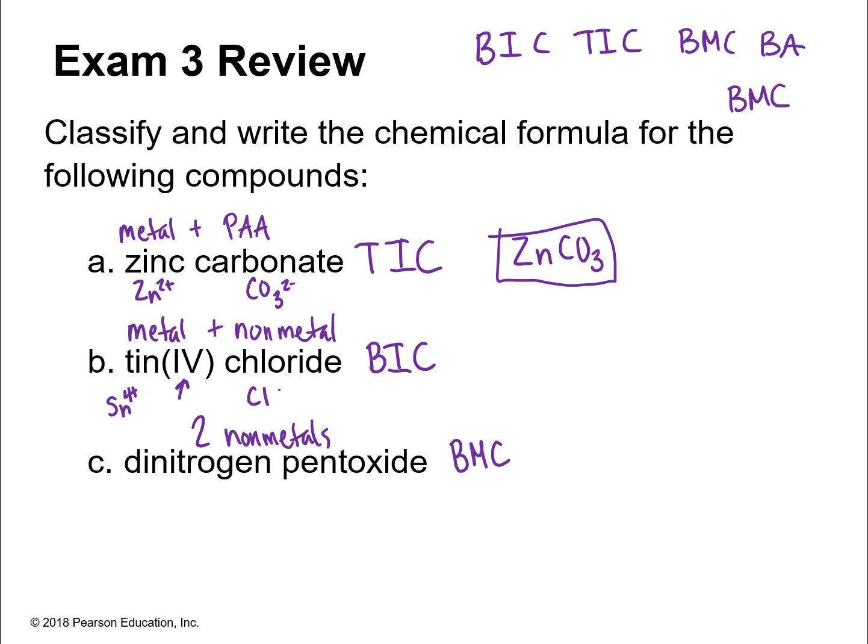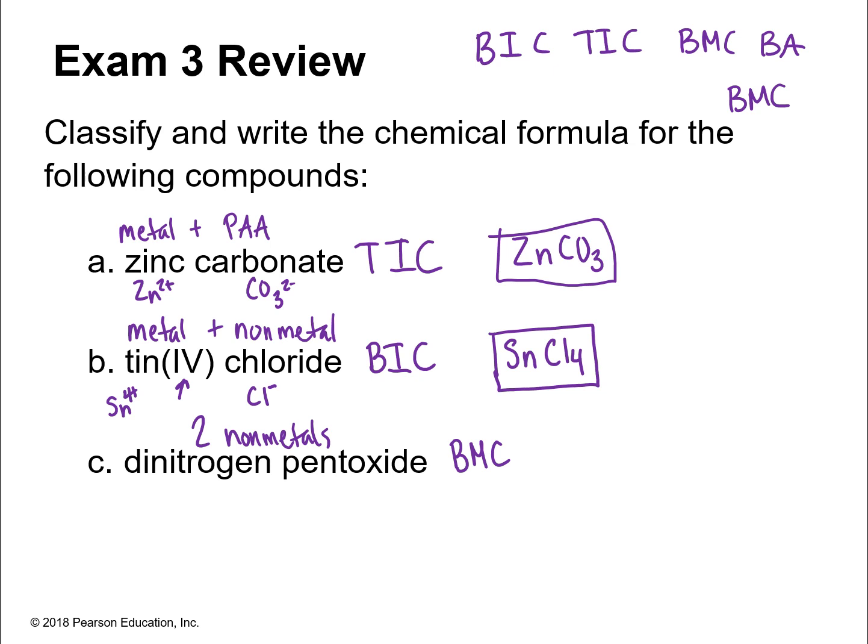It's in group 7A, so 7 - 8 gives you -1. So you've got a negative here. To make the charges balance, you have to have 4 chloride ions. So that should be your chemical formula there.